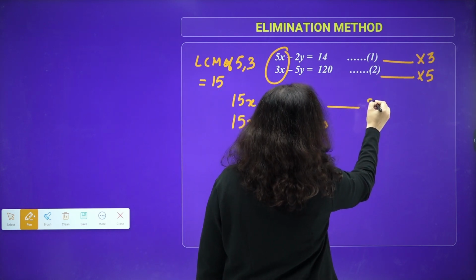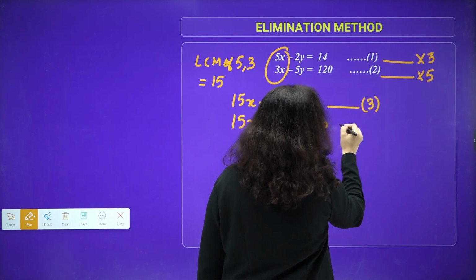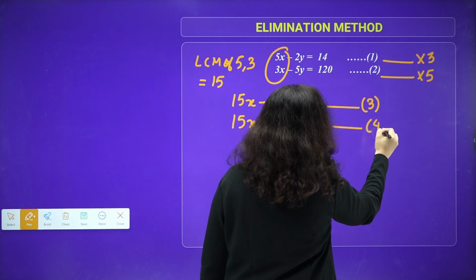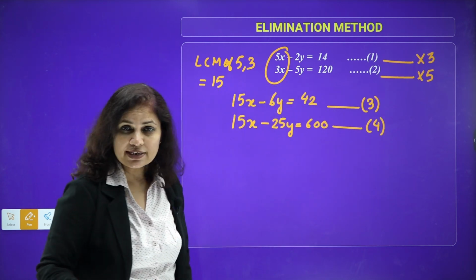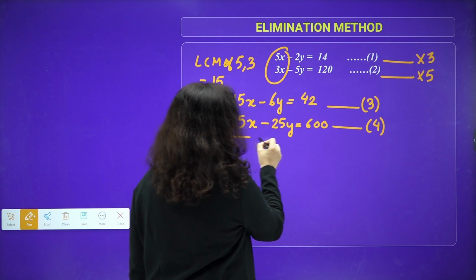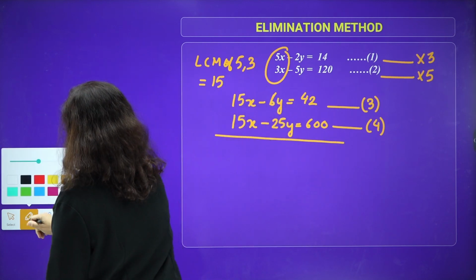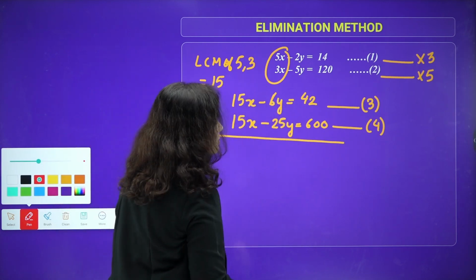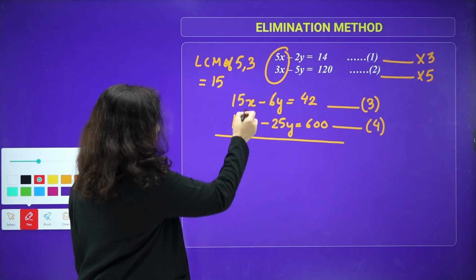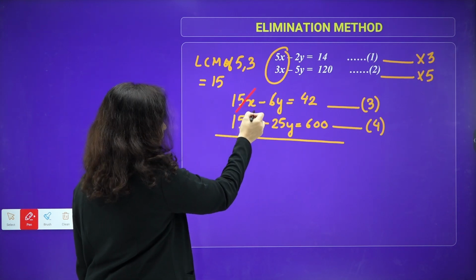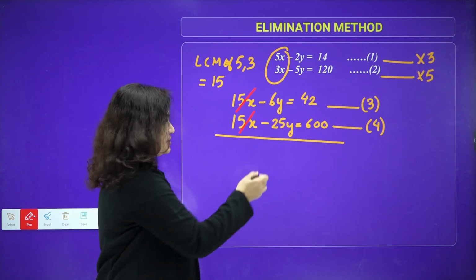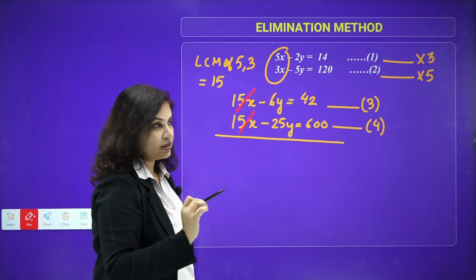Let this be my equation 3 and this be equation 4. Now if I subtract equation 4 from equation 3, let us see what we get. 15x minus 15x will be 0 and hence x is eliminated.